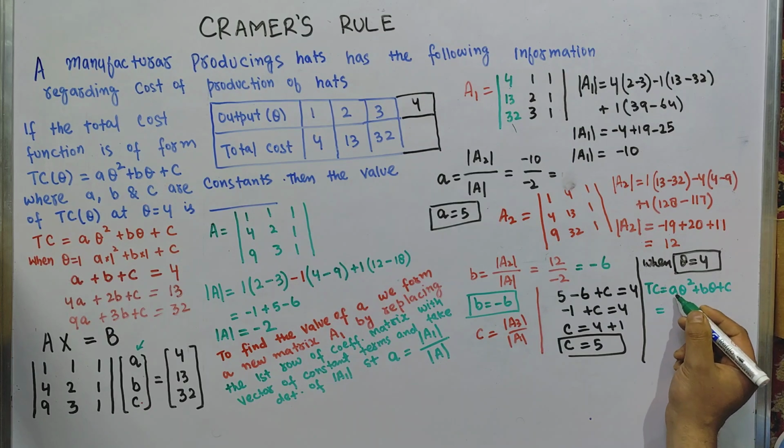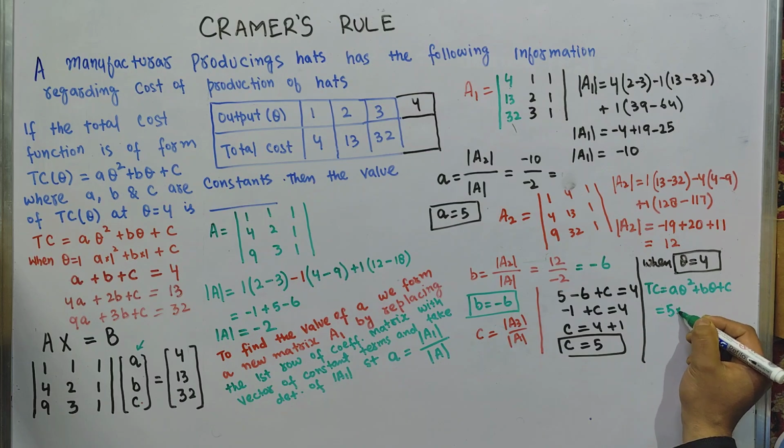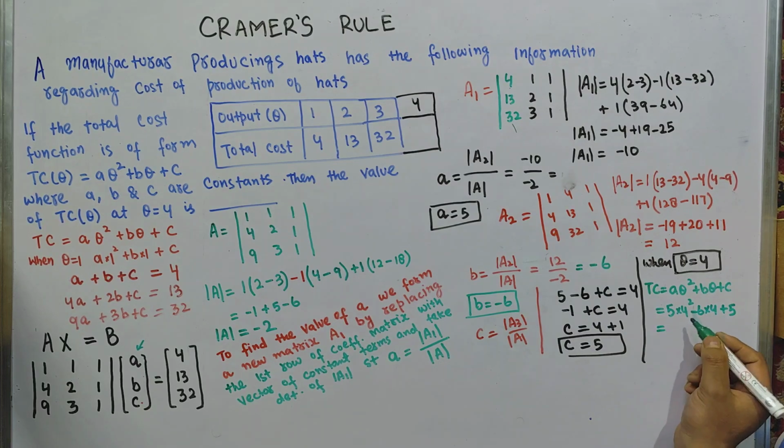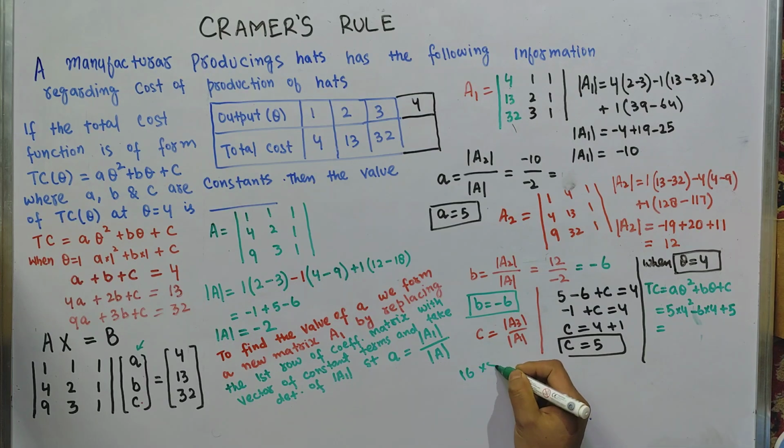So in place of a we have 5, q square means 4 square, plus b is minus 6, and q is 4, plus c is 5. So 4 4s are 16, and 5 16s are 80.